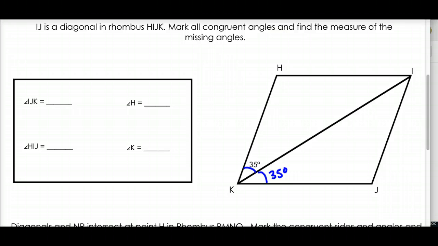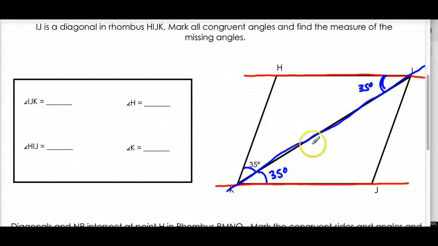Now you might remember that since this is a parallelogram, we have these lines HI and KJ, which are parallel to each other. And our diagonal KI would be considered the transversal that cuts across. So if this is 35, we know that this angle is also 35 degrees because they're alternate interior angles.